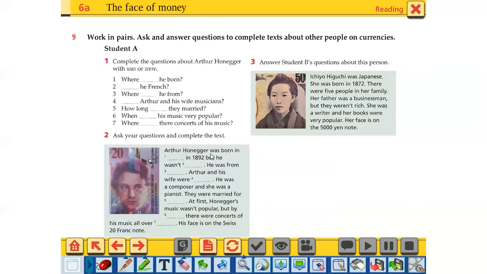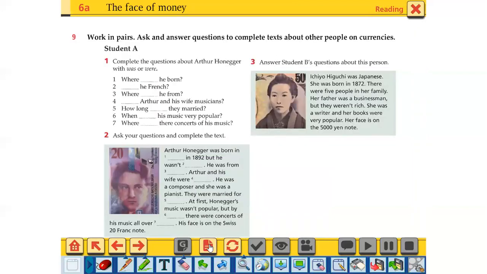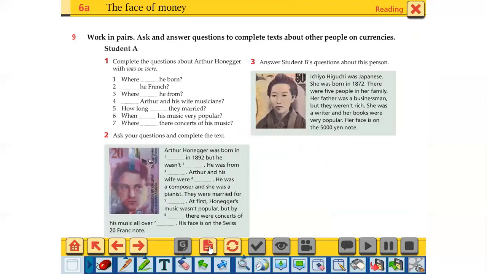Arthur Honegger was born in... acá el lugar. In Paris, okay? You have to read. But he wasn't, a ver, que no era French. He was from Switzerland. Okay.